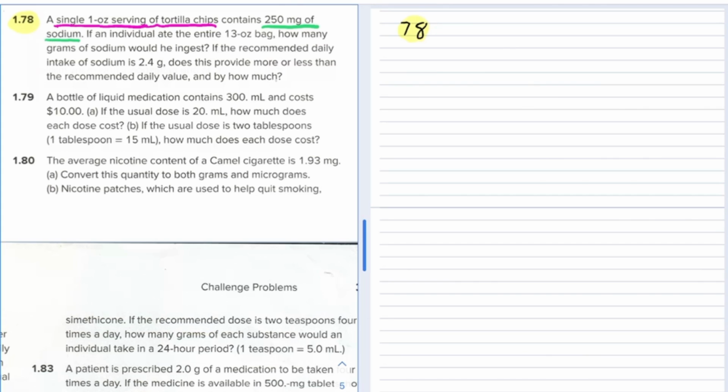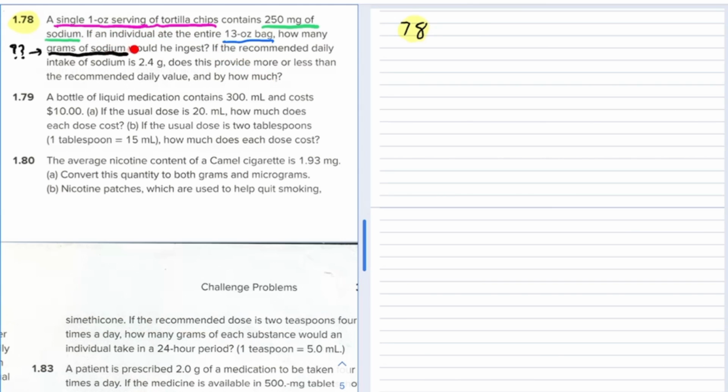But the amount of chips this hungry individual eats is 13 ounces. And the question is, how many grams of sodium? So that's the question that we're looking to answer. And then there's a part B that we can look at afterwards.